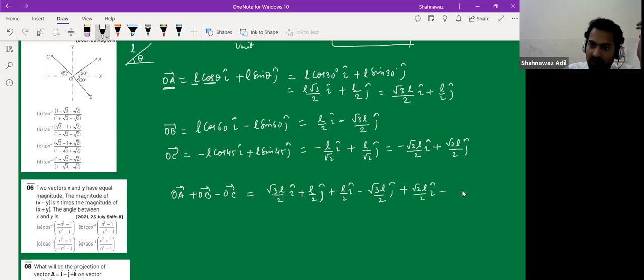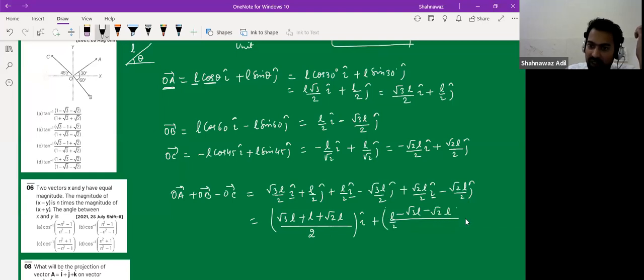So this would be the I component: root 3 L plus L plus root 2 L, all by 2. And the J component: L plus... L by 2 minus root 3 L and minus root 2 L, J hat.